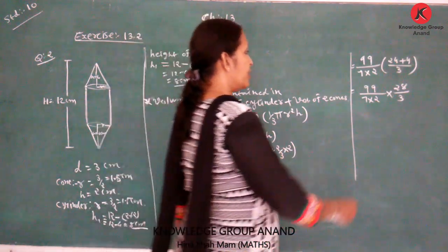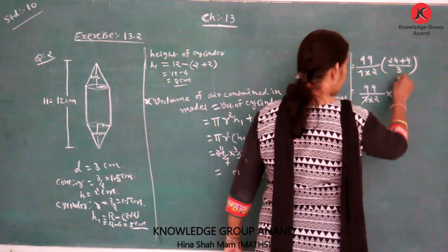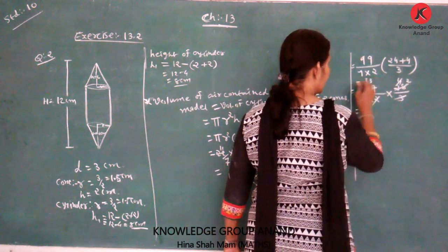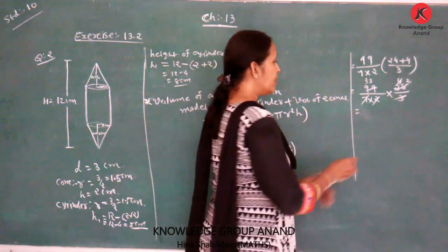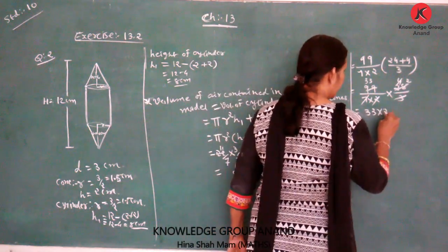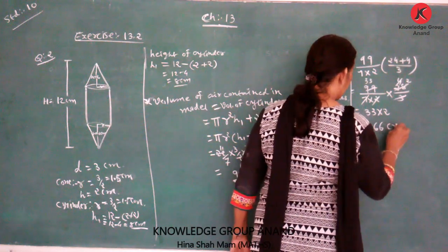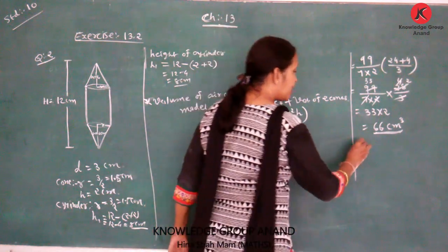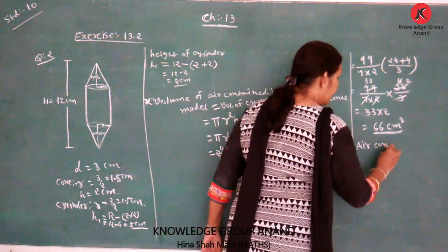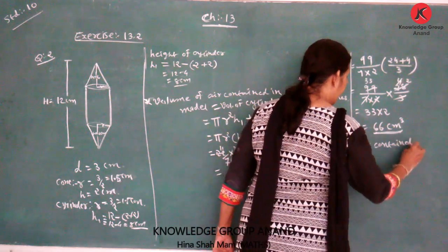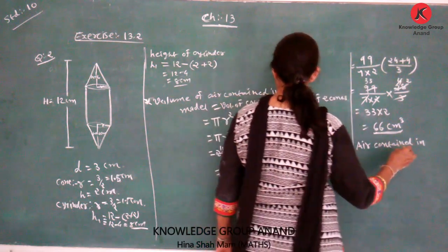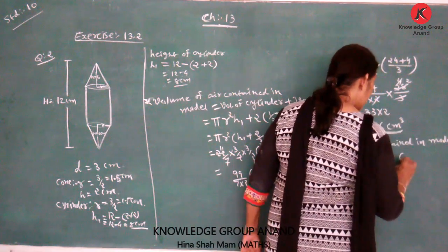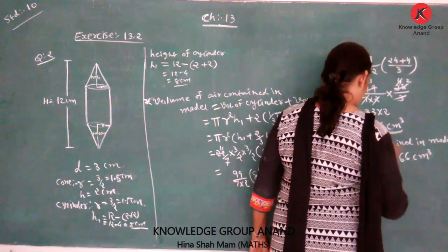Putting the value here, 7 fours are 28, and 3 threes are 9, 33 threes are 99. Then 33 into 2 is equal to 66 centimeter cube. So the air contained in the model is equal to 66 centimeter cube.